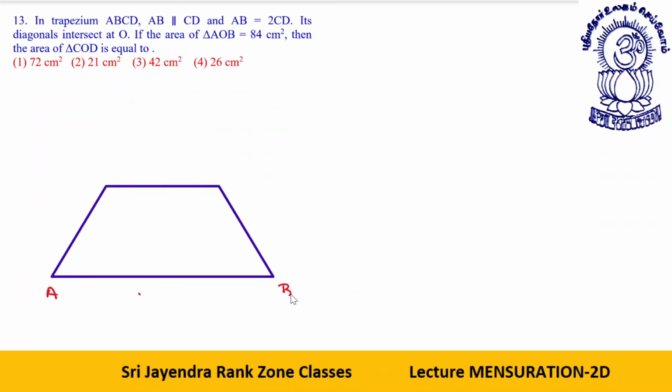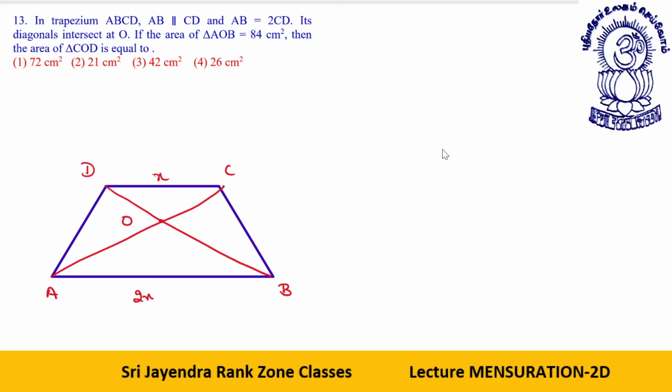A, B, C, D. If this is X, this is 2X. Its diagonals intersect at O, if the area of AOB is 84. This is the point of intersection.